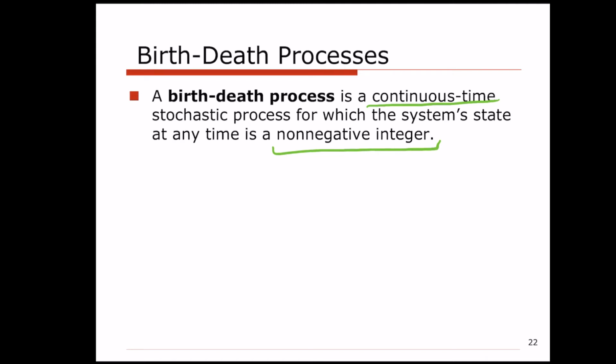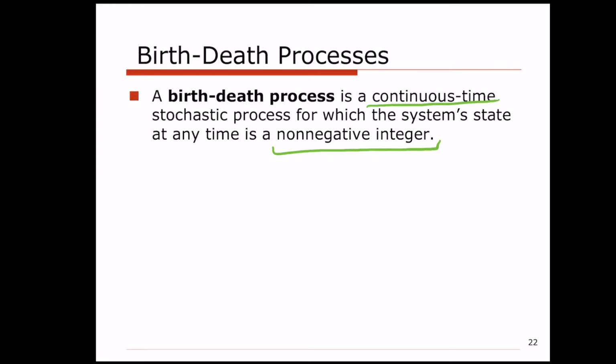So the state of the system is a non-negative integer, and it can change continuously over time. That's what the birth-death process is, and that exactly is the situation that happens in a queuing system.